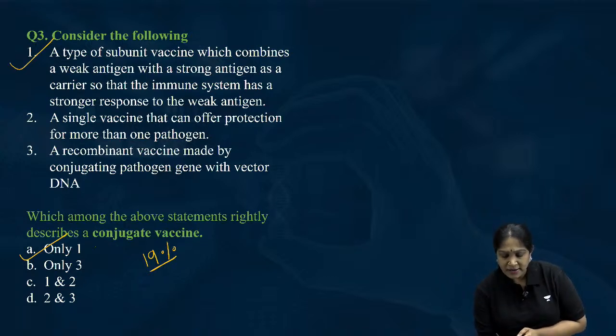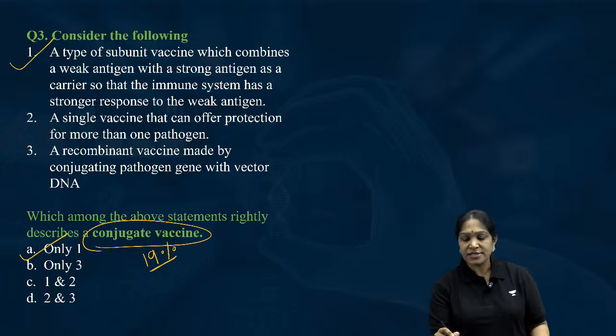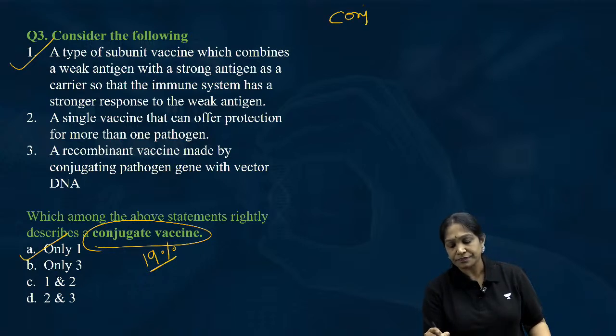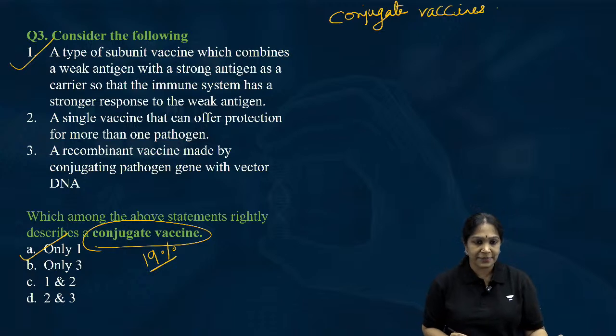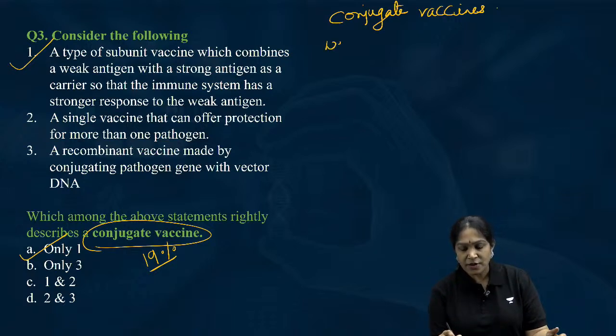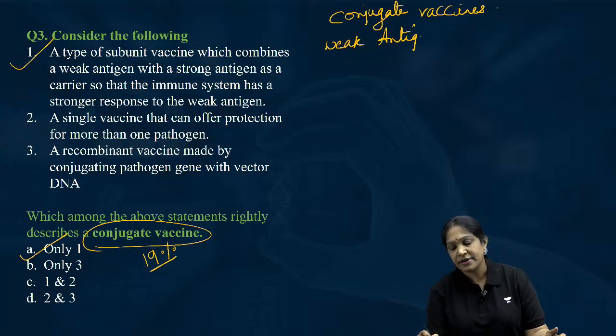The statements are all about conjugate vaccines. What do you mean by this? See, there are some antigens called weak antigens. Remember the term: weak antigens.